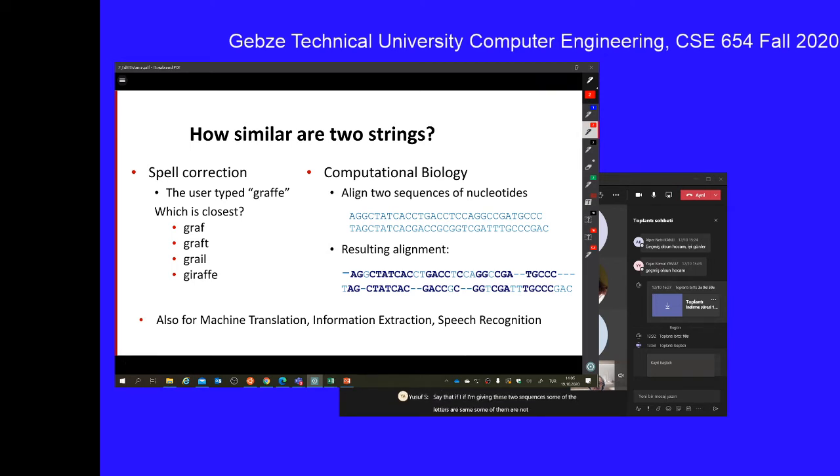So which letters should I drop and which letters should I insert so that these two can be matched? That's another problem that can use this information. In the NLP world, this kind of solution is used for machine translation, information extraction, speech recognition, etc. We talked about this last time and we stopped after that.